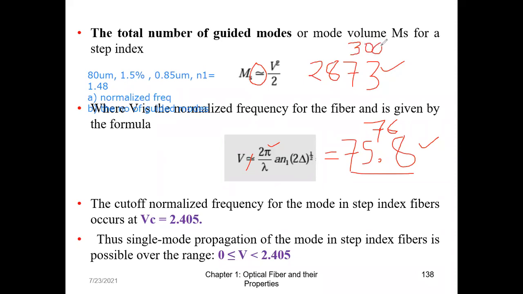So we cannot be specific, exactly 2873. We are rounding it off because we don't know, it could be 3000 or 2600 if there are some losses, but we are rounding off the figures. So the fiber has a V number of approximately 76, giving nearly 3000 guided modes. If you write this in your exam, you will get full marks, no problem.